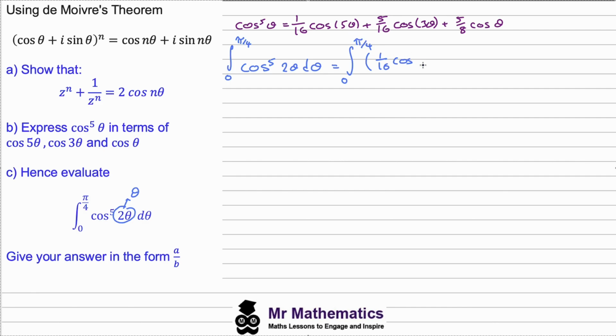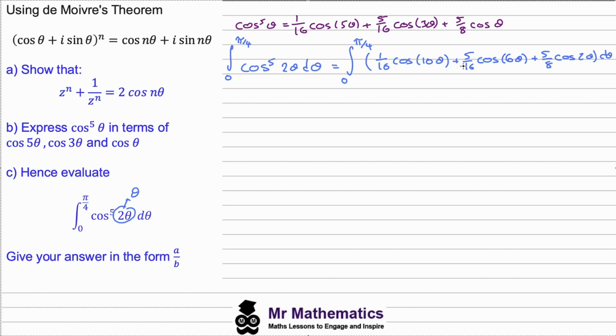When we times this by 2, we'll get 10 theta plus 5/16, 6 theta plus 5/8 cos of 2 theta.